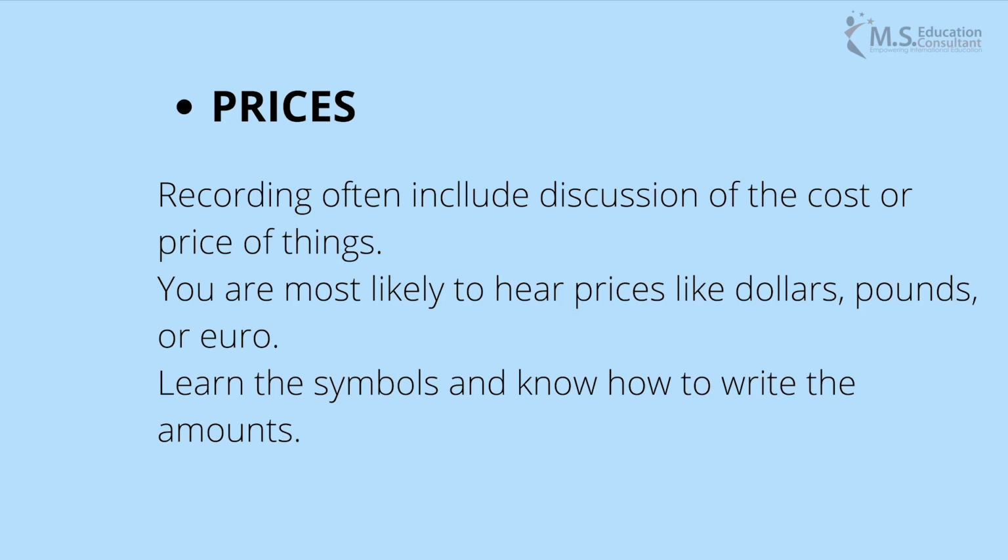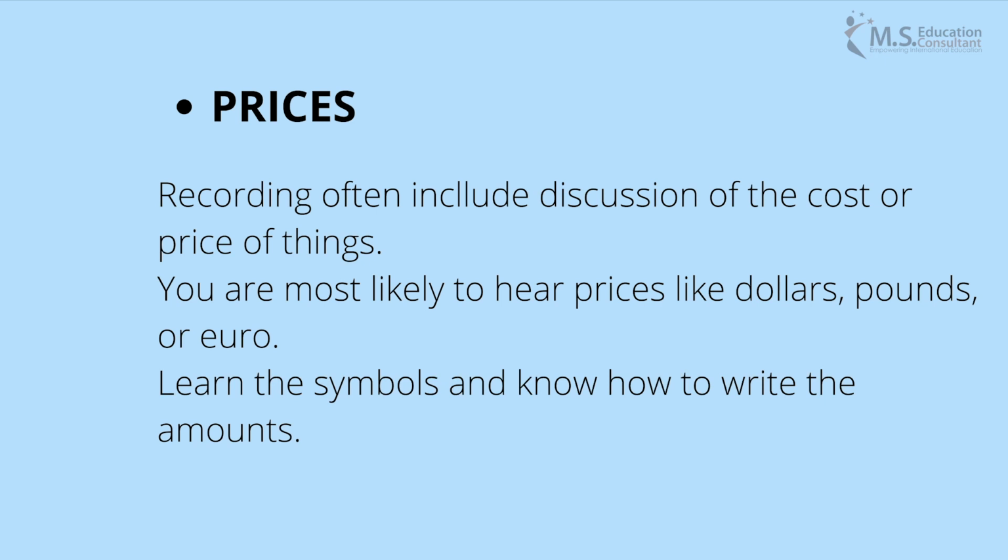Now let us move on to prices. Another common way that numbers are used in the IELTS listening test is as prices. Recordings often include discussion of the cost or price of things, especially in Section 1, which is a conversation between two people.